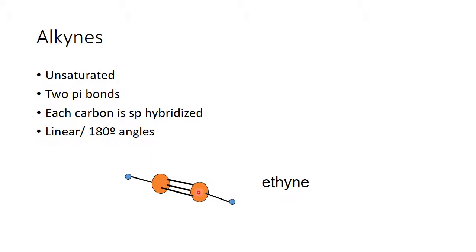That leaves two leftover p's on each carbon, and what they do is overlap. Here's another p over here, and it overlaps and makes a pi bond here and then a pi bond here at 90-degree angles. So there's two pi bonds and one sigma bond between the two carbons.